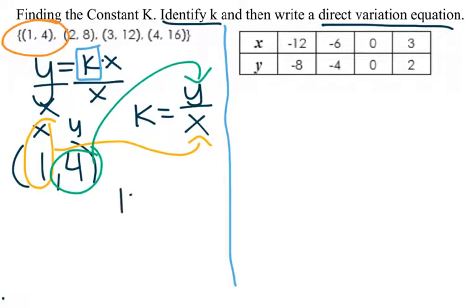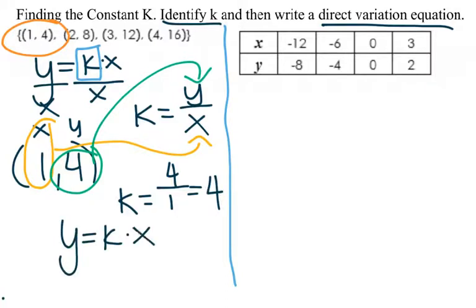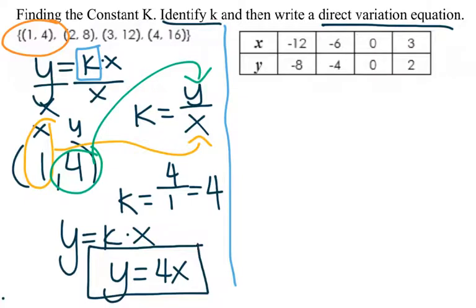So k equals 4 divided by 1, and 4 divided by 1 is 4. This is how the equation normally looks. Now we know that k is 4, we can just substitute it in. So here is my direct variation equation for those 4 points at the beginning.